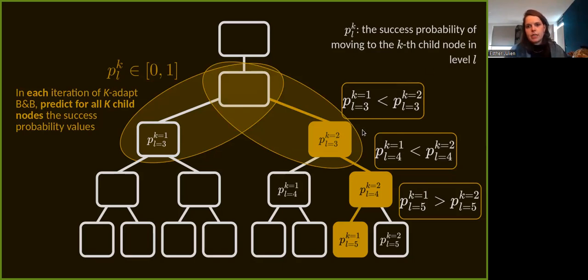And as you can see, for P, this node is labeled PK1 L3 because it's on the third level. And this one should be less than this one. And if this is the case, then we traverse to the optimal solution faster, if all training and everything is going correctly. So we want to make sure that our P values, so these success probabilities, follow the optimal path.